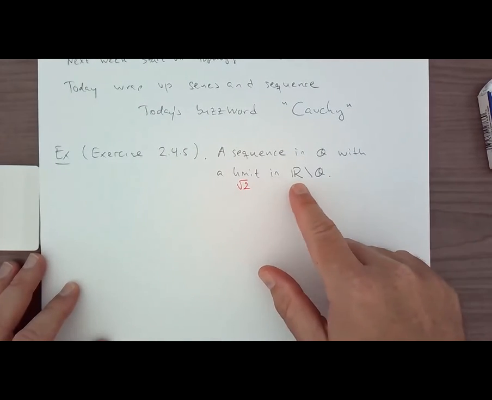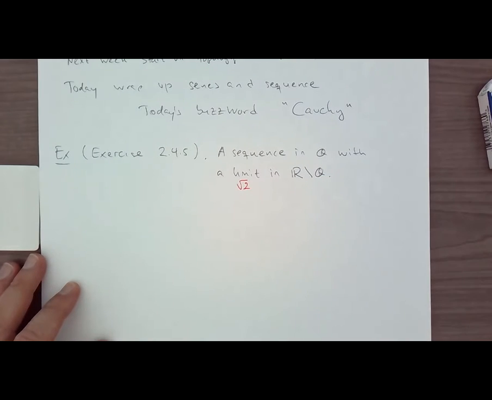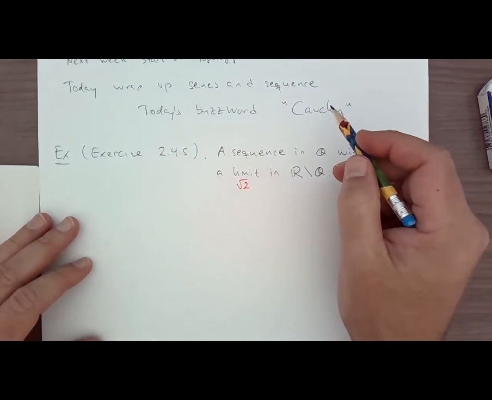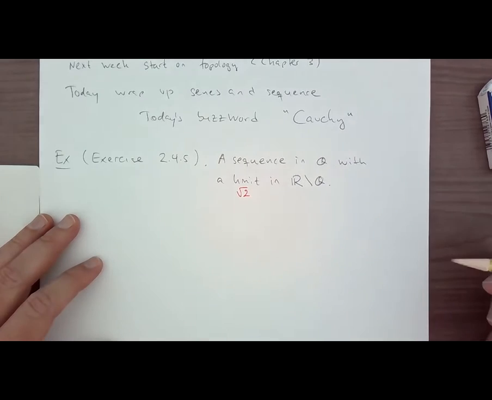This is an element in R, but it's not in Q. This is going to be linked to these Cauchy sequences that we're going to be talking about after this example.